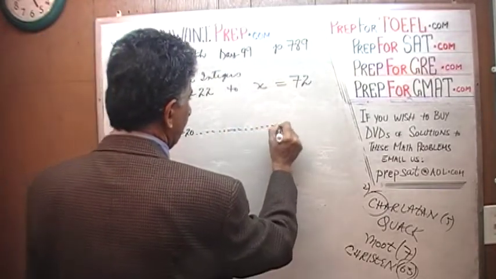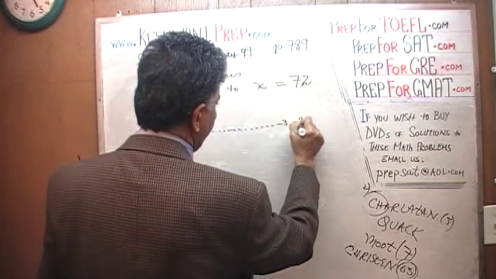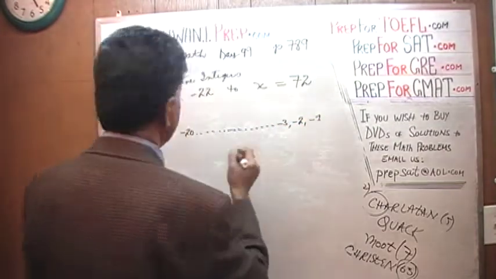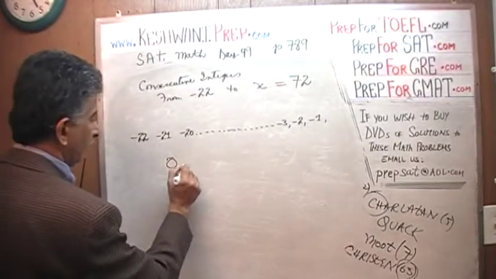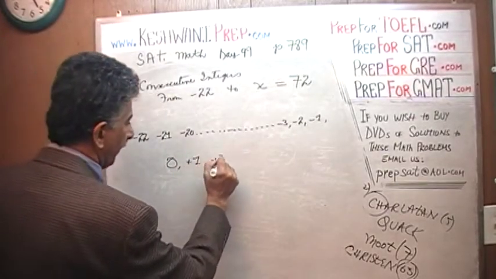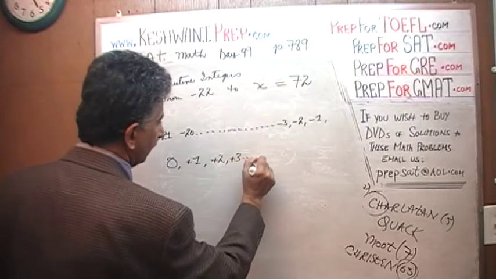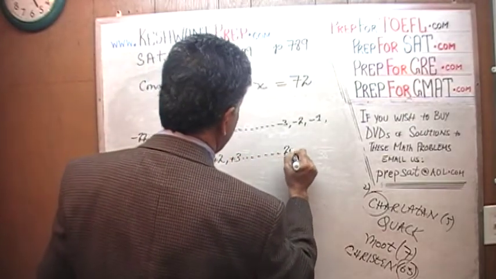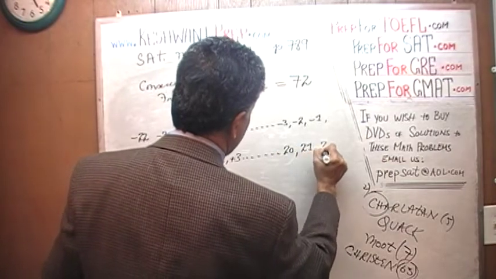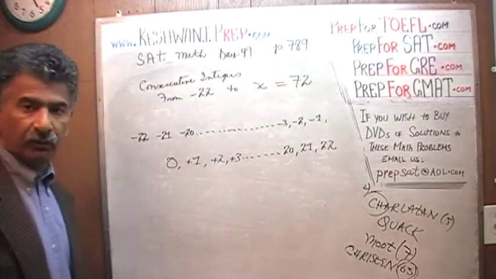It's going to go on to -3, and then -2, and then -1. Then finally we're going to have a 0, and then it's going to be +1, +2, +3, so on and so forth, and it's going to go to 20, 21, 22.